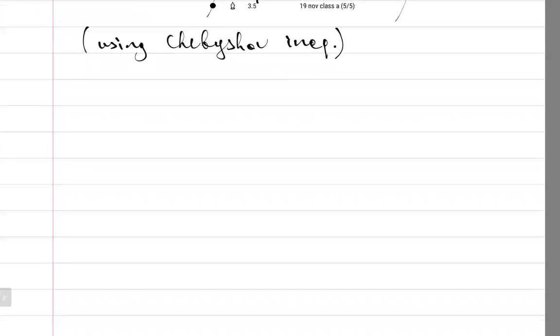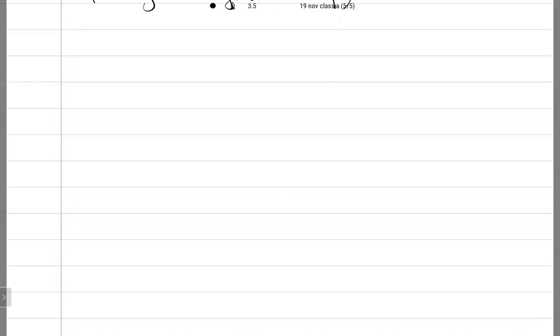Now let's go back to our example. In our example, we need to calculate the limit in L2 when n tends to infinity.